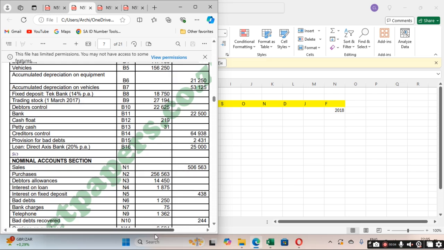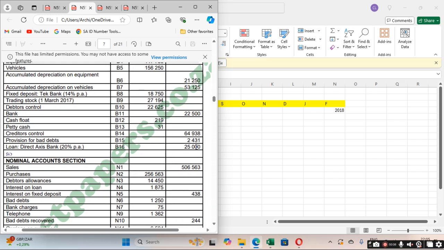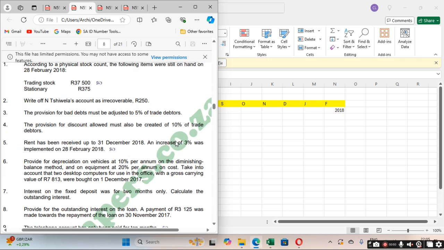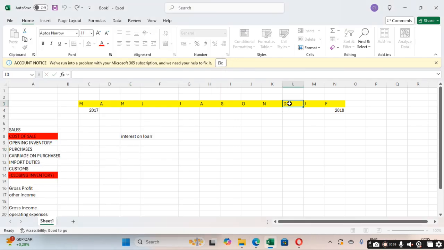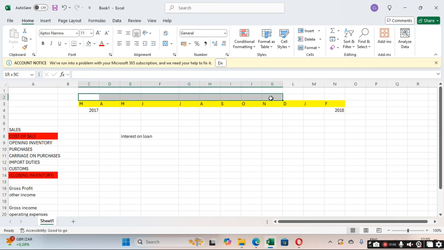How much did we borrow? So we borrowed 25,000 at a rate of 20% per annum. And then we made a repayment on the loan of 3,000 on 30 November 2017, meaning on the last day of November. So it will start being implemented here. We're going to calculate the interest until November.